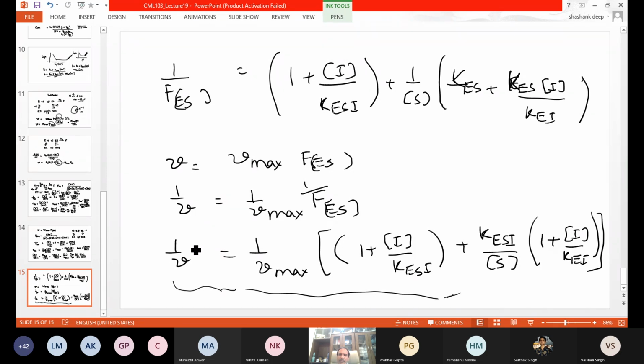If you remember that Lineweaver-Burk equation, that was 1 by V is equal to 1 by V max, and then this was 1 plus Km by S. In place of this, there was Km by S. Okay, so that was the thing. So this is your equation.